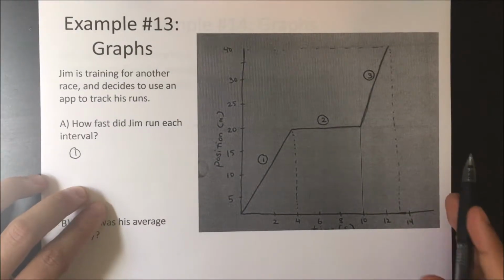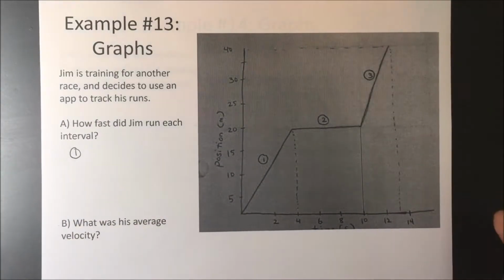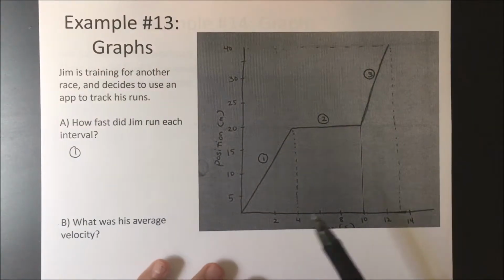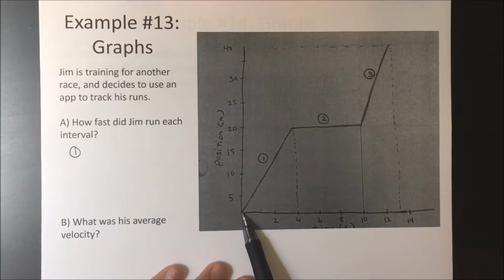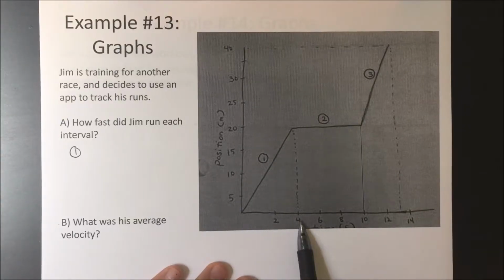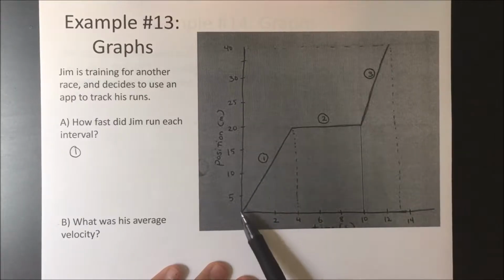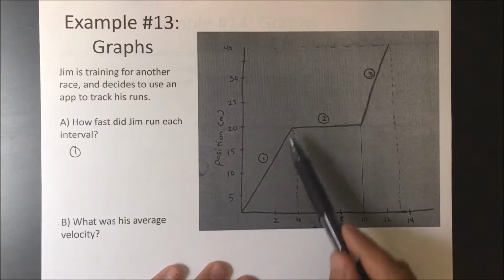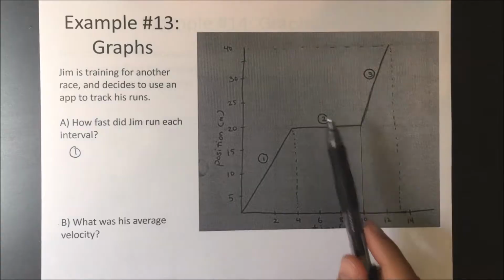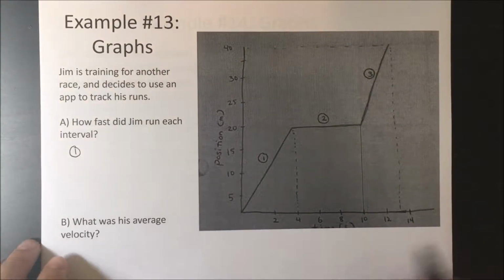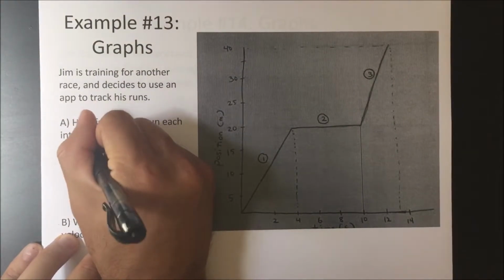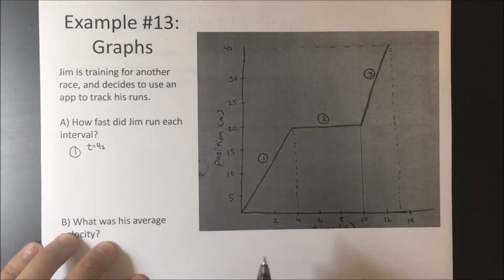So this may be a little bit complex to see, but what we can see is that Jim, during this time, we're going to call this time 0, and this is going to be 4 seconds. So from 0 to 4 seconds, he goes from position 0 meters to position 20 meters. So we can see that the first interval, the time it takes is equal to 4 seconds.